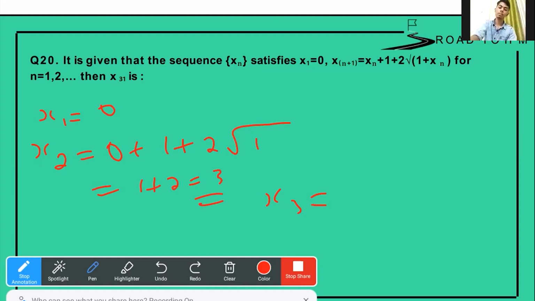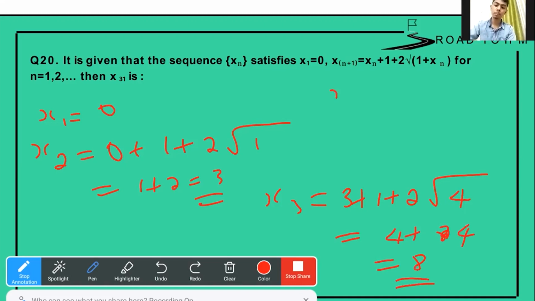Now x3 would be 3 plus 1 plus 2 root 3 plus 1. 4 plus 4, 8. x4 would be 8 plus 1 plus 2 root 8 plus 1. 9 plus 2 times 3, 6, 15.